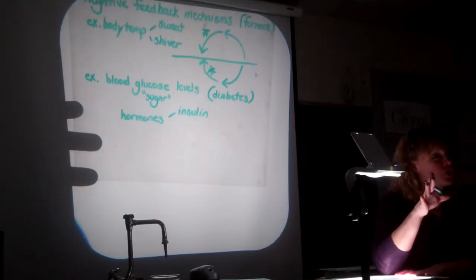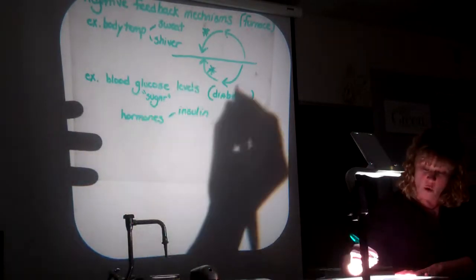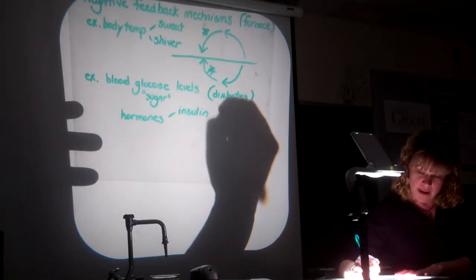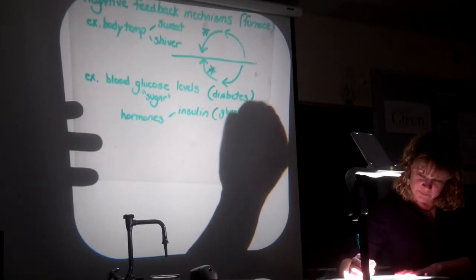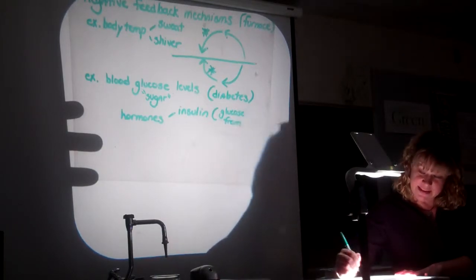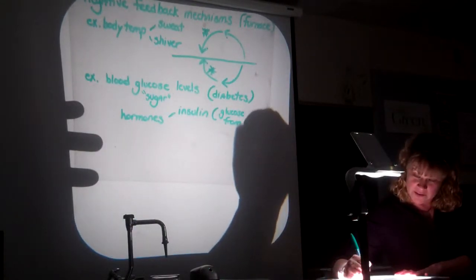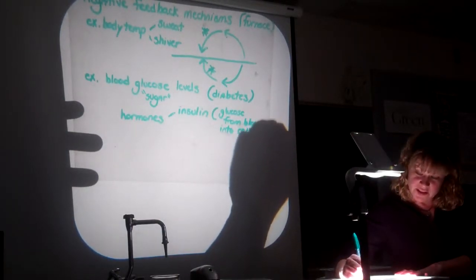Everybody does. Or you should. Okay. So you naturally make this insulin. This hormone has the job of taking glucose out of your blood, so from your blood into your cells.